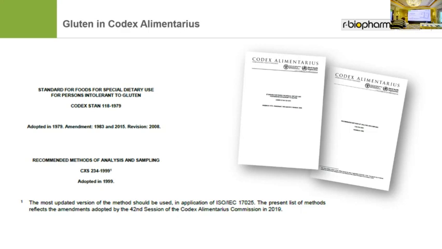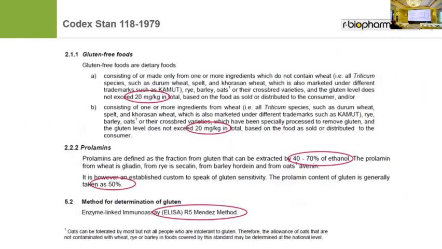In this combination, we have both the analysis of gluten and the description and definition of gluten-free foods for special dietary use, because in Codex Standard 118 we find some important definitions for gluten-free food.